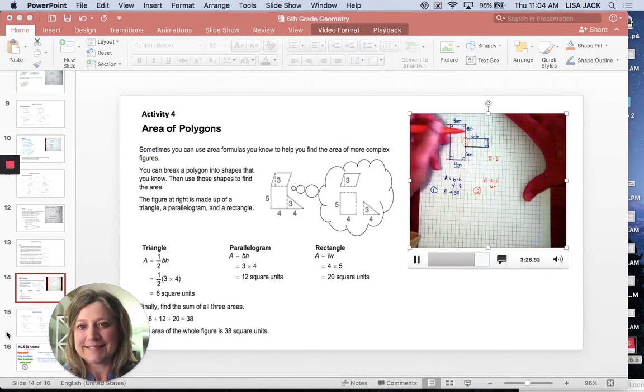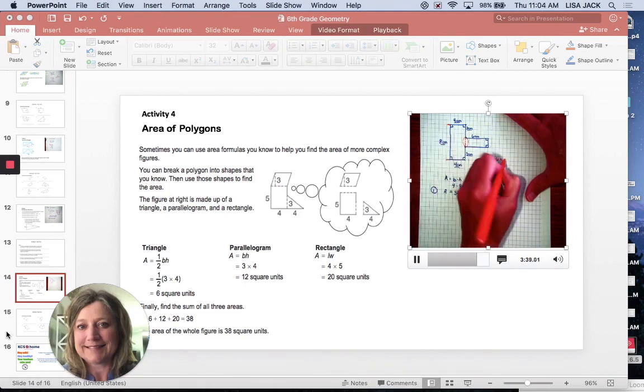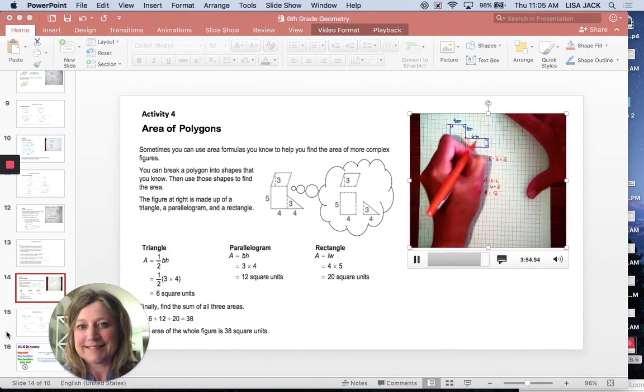When we added those together, we get 6. So we can subtract them from the total, and then that should tell us what our missing number is. So 8 minus 6 is 2 centimeters. So our height is going to be 2 centimeters. And we say 6 times 2 is 12. So the area of figure 2, which is here, is going to be 12.